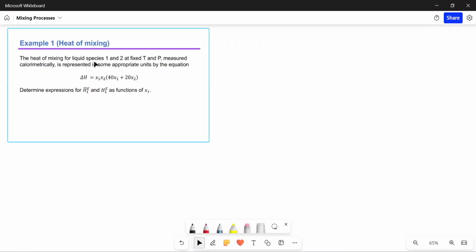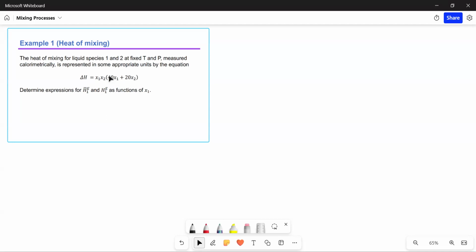The heat of mixing for liquid species 1 and 2 at fixed temperature and pressure are measured calorimetrically and is represented in some appropriate units by the equation delta H equal to x sub 1, x sub 2, quantity 40 x sub 1 plus 20 x sub 2. Determine the expressions for the partial molar excess enthalpy H of species 1 as a function of x sub 1.